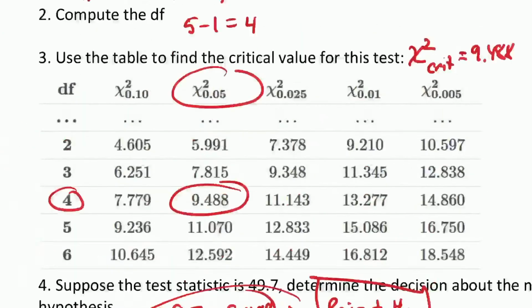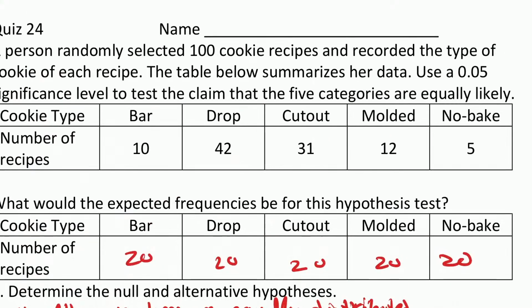It was given to you, 49.7, but you hopefully remember how we did this with the M&Ms on Wednesday, and that is you took the 10 minus 20, negative 10, you square that, you get 100, then you divide by 20, 100 divided by 20 is 5. So you would have 5 for the bar cookies. You do the same thing for the drop cookies, so 42 minus 20 is 22, square that, 484, and then divide by 20. And then you do the same thing for the cutouts and so on, and add up all the results.